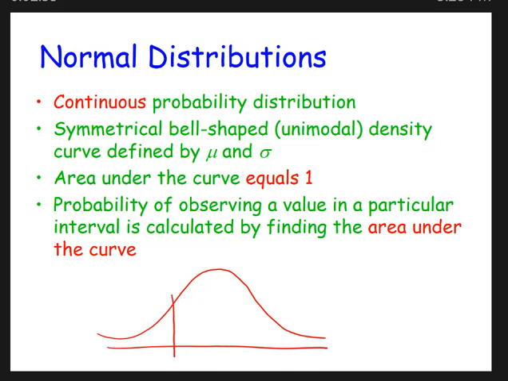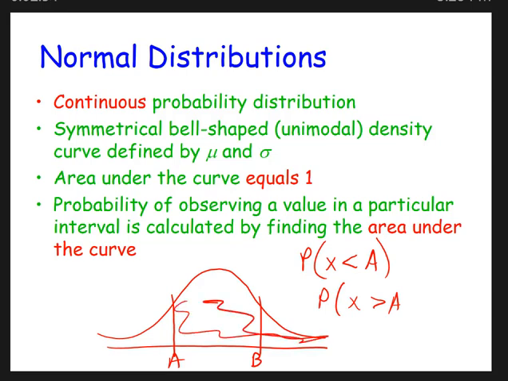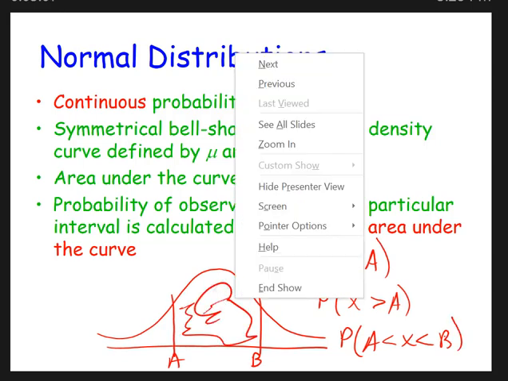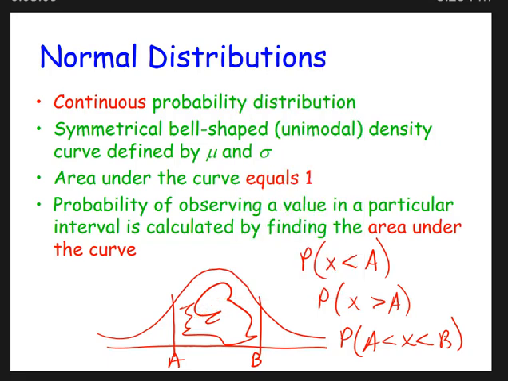Let's say this is value A and this is value B. If I wanted to find the probability of our value being less than A, that would be this area over here, less than A. If I wanted to find the probability of a value being greater than A, well, that would be this area over here on that side of A. If I wanted to find the probability of a value being between A and B, well, that's the probability in between them here.